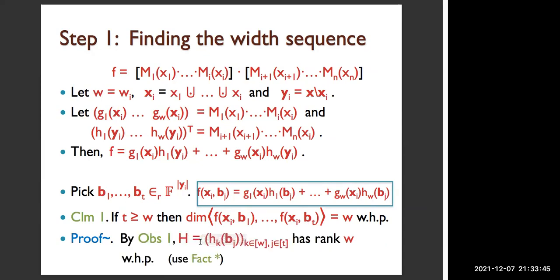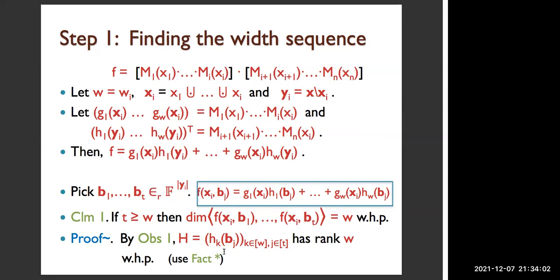In particular, h is the evaluation of h at different b. It need not be a square matrix, because it becomes a square matrix only when T is W, but T can be greater than W. So I'm making this claim for any T larger than W.